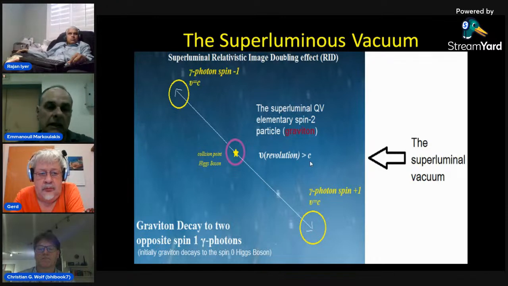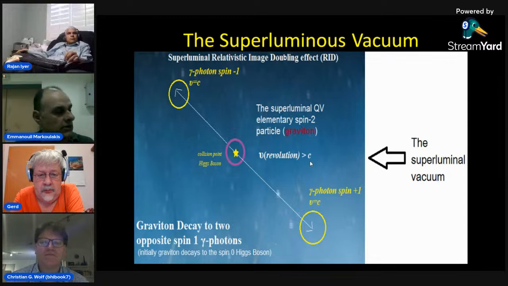Let me just add here that special relativity concerns the motion of matter and light inside Cartesian space, and their interaction. But space-time itself can do whatever it wants. It is not restricted by the c limit. Only the motion of matter and light and their interaction inside space-time is limited.